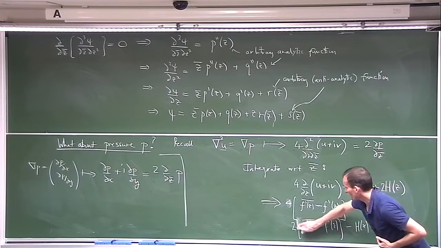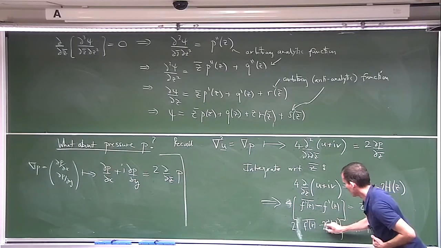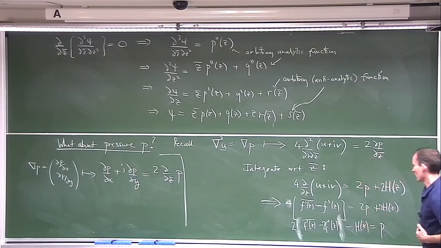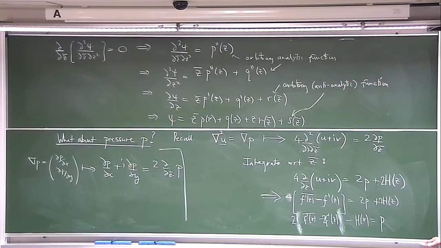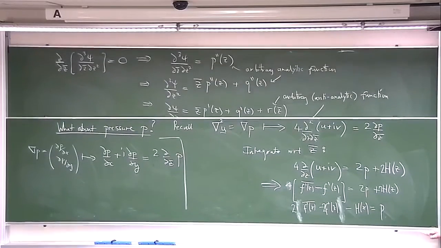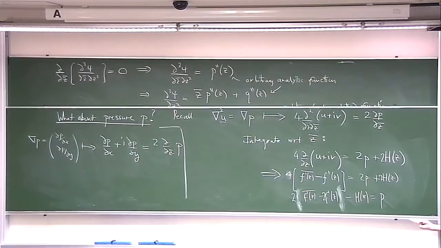In fact, let's drop this bracket. Anybody see what H has to be? Remember, it can only be analytic. You can't have it as a function of z bar.